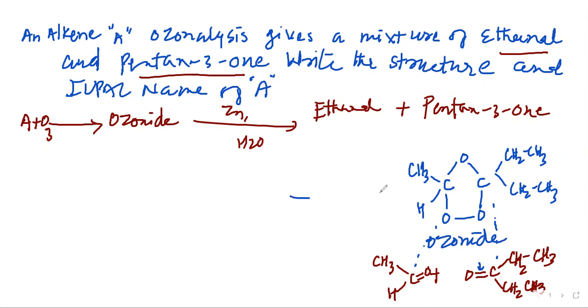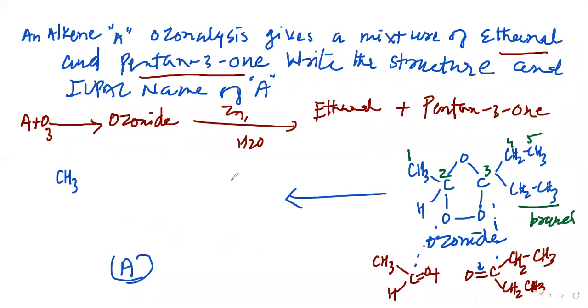From this, my dear students, we can write the structure of A. So what is the structure of A? The structure of A should be CH3. This is the first carbon. This is the second carbon, third carbon, fourth carbon, fifth carbon, and this is the branch.